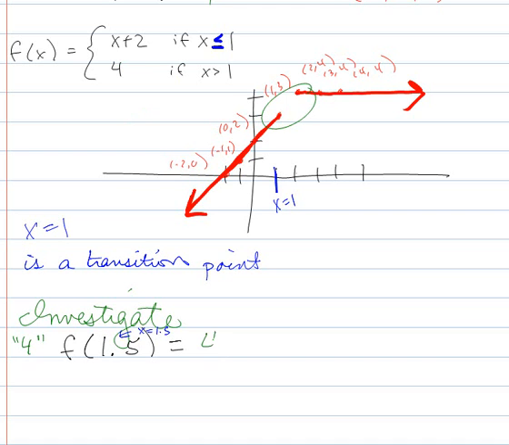So f of 1.5 is 4. So the point would be 1.5, 4. So I can go 1.5, 4. I'm going to have to erase this and figure out what's going on. So 1.5, 4. What is f of 1.1?